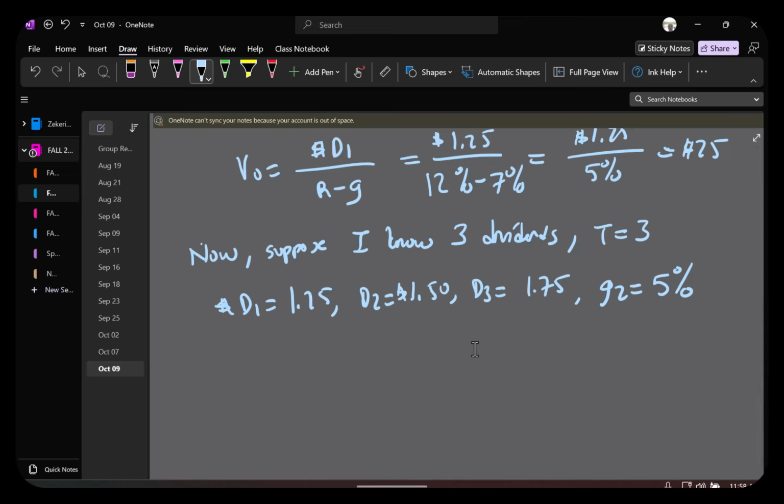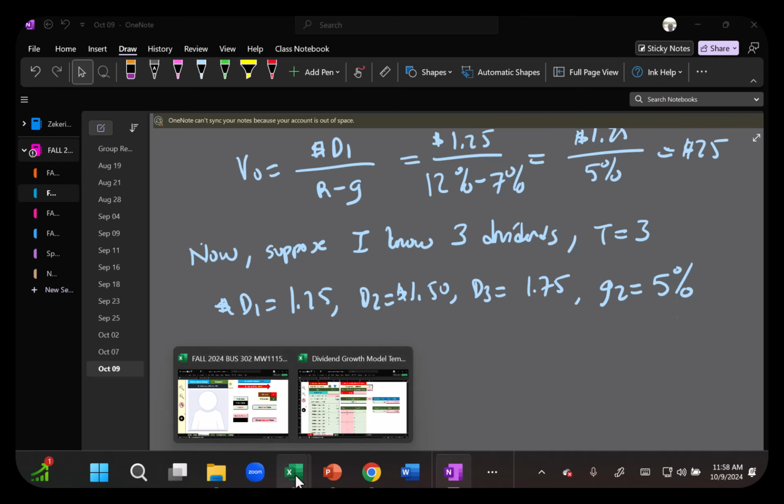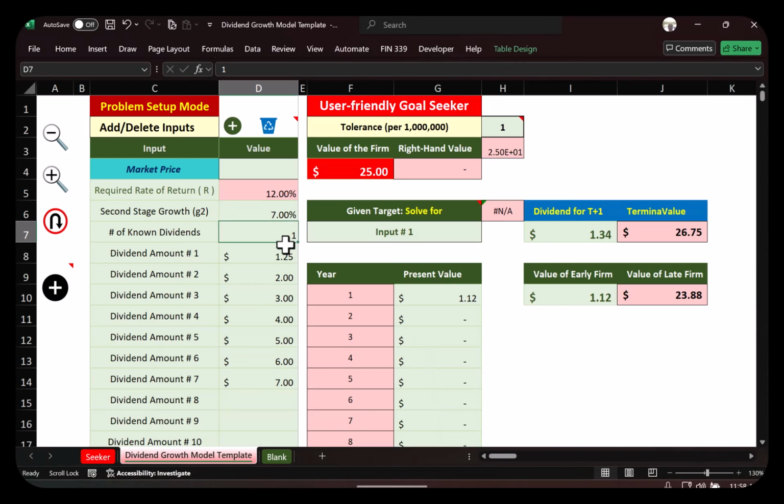There's not much more effort to make the calculations. Well, my number of known dividends is 3. First is buck 25, then buck 50, buck 75. It completely ignores everything after that.